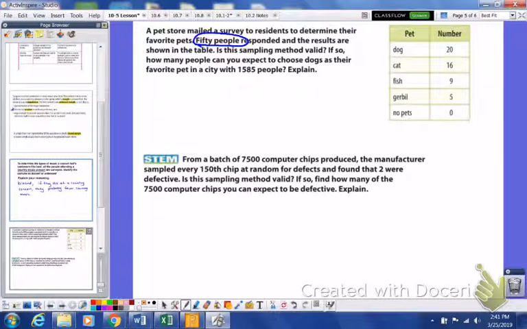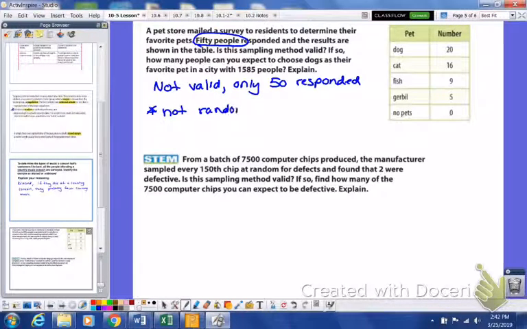So we're going to say that this is not valid because only 50 responded. You have no idea who those 50 people are. We could have 1,000 people out of that 1,585 that prefer dogs, but only 50 people responded. So again, it's not a large enough data set, and it's not completely random because they are choosing whether to respond or not. So it's not random because they choose.